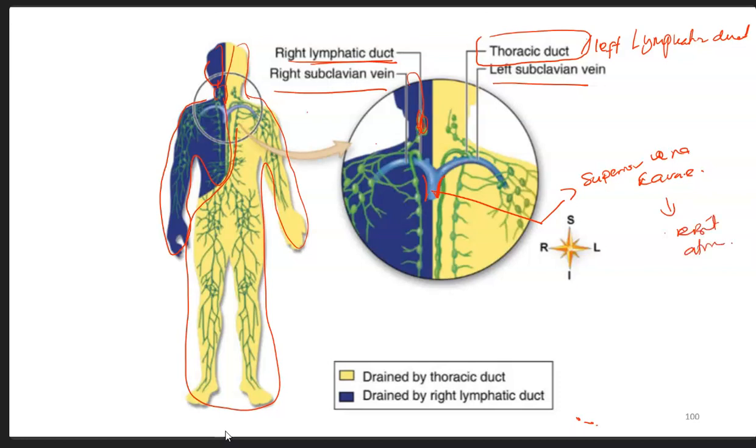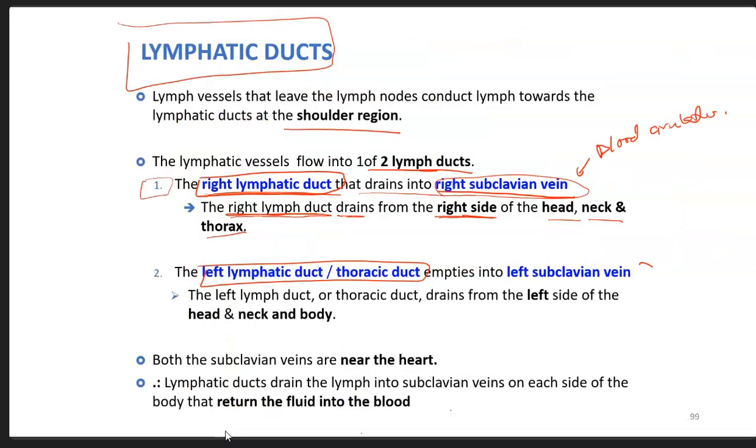Okay, both of the subclavian veins are near the heart. Therefore the lymphatic ducts drain the lymph into the subclavian veins on each side of the body that returns the fluid into the blood.